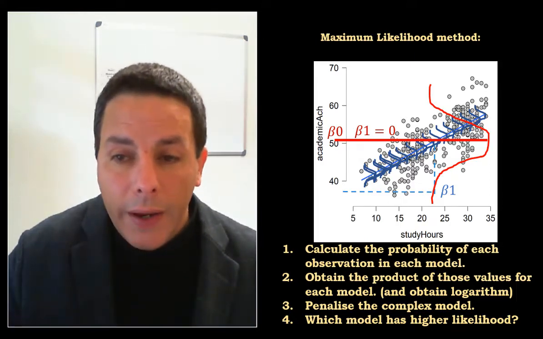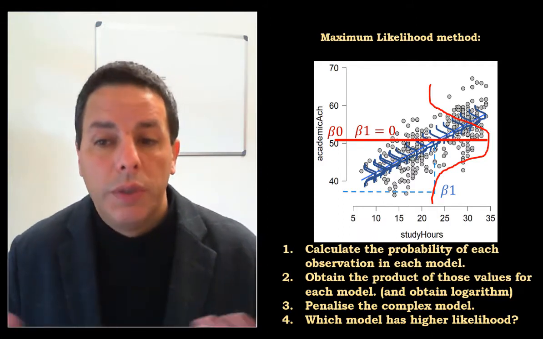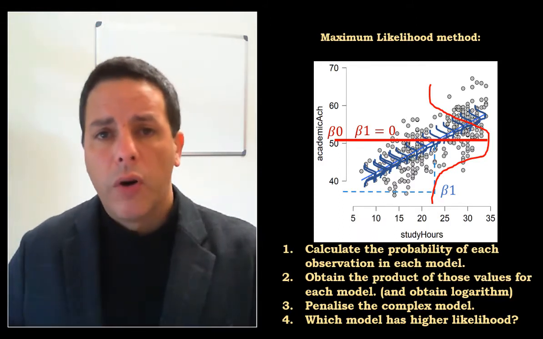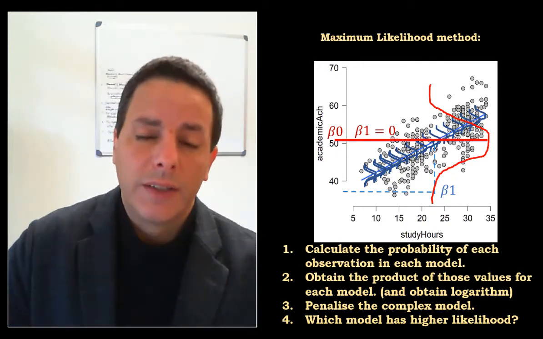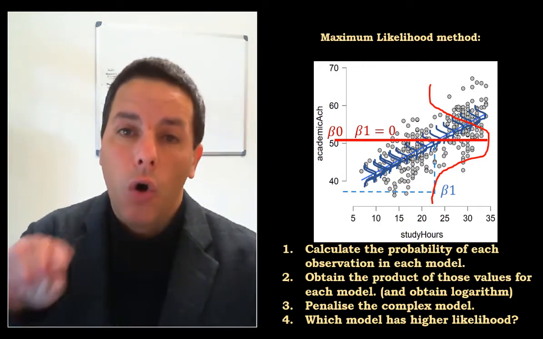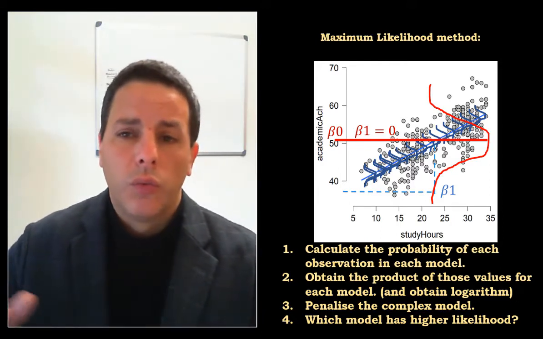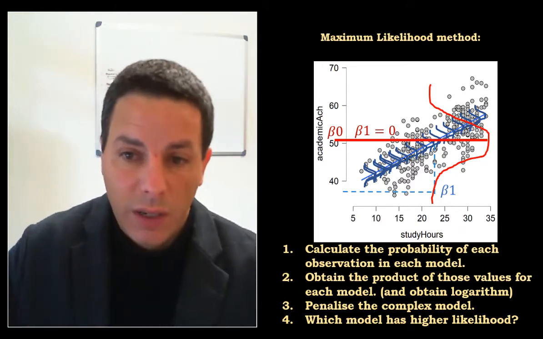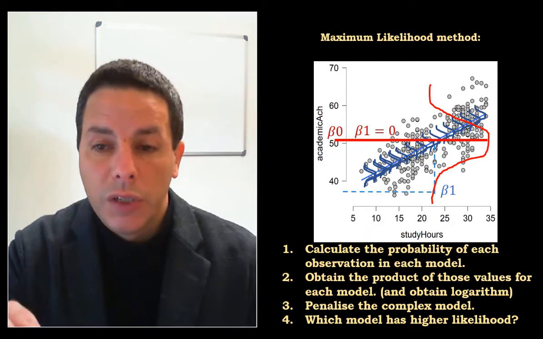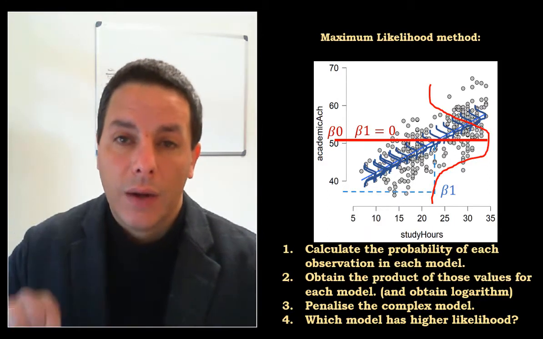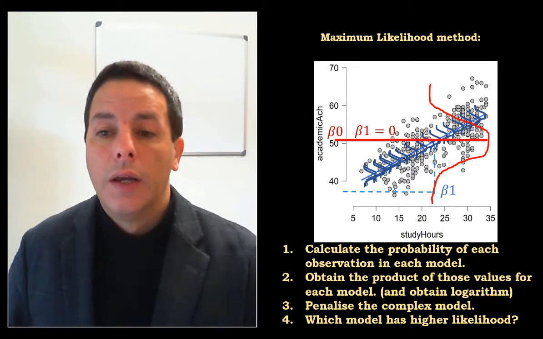So instead of using a line, we can use a curve with more parameters, and the prediction will be better. The more parameters we add, the better we fit the data, but only the current data. If we use a very complex model with a lot of parameters, we can even get to 300 parameters and make a perfect prediction of the data that we use to do that curve.